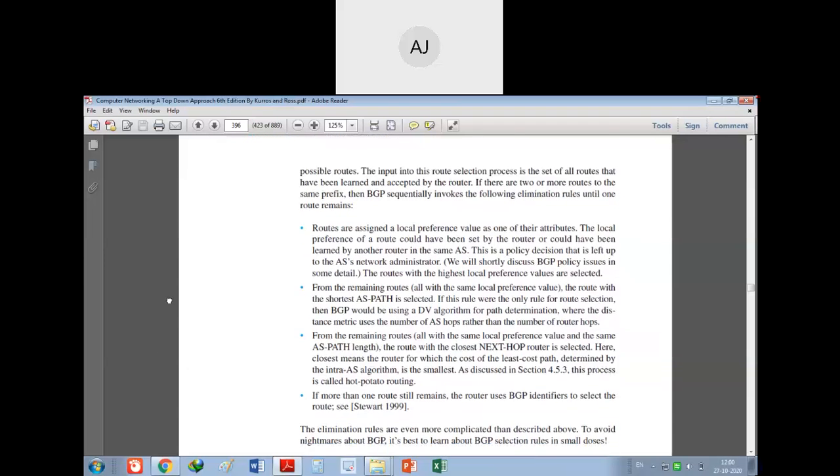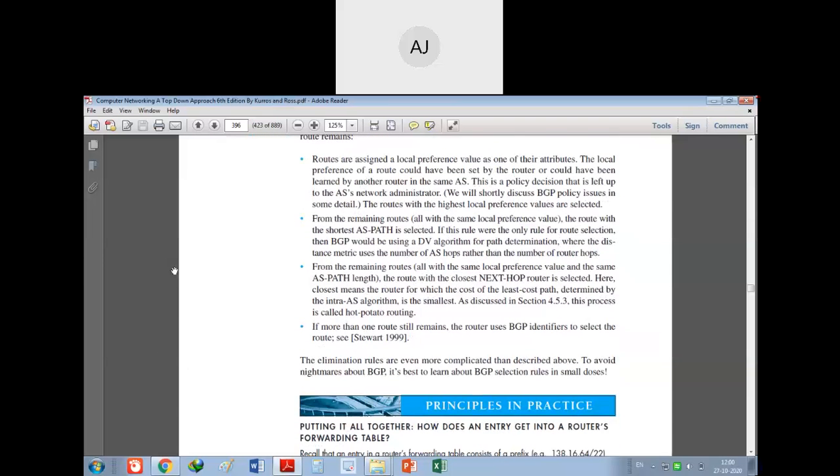And the last one: if more than one route still remains, the router uses BGP identifiers to select the route, that is, an internal algorithm will select the appropriate path. So these are the four operations that take place when choosing the best path.